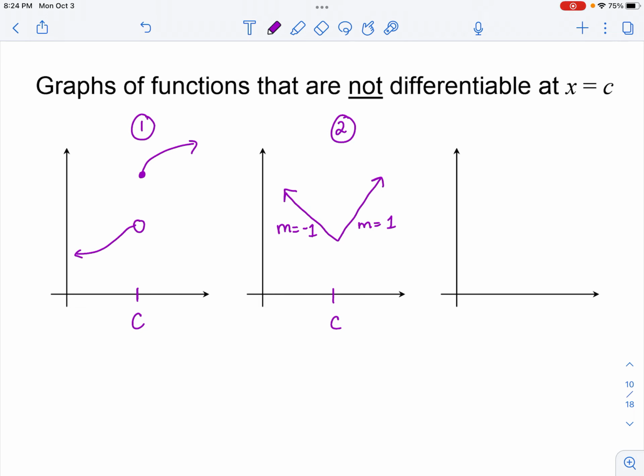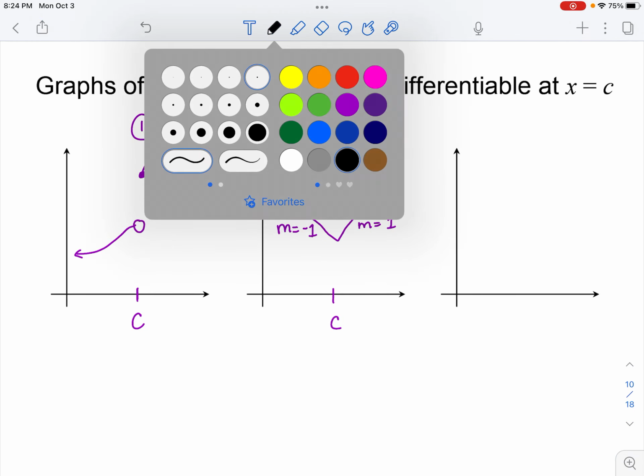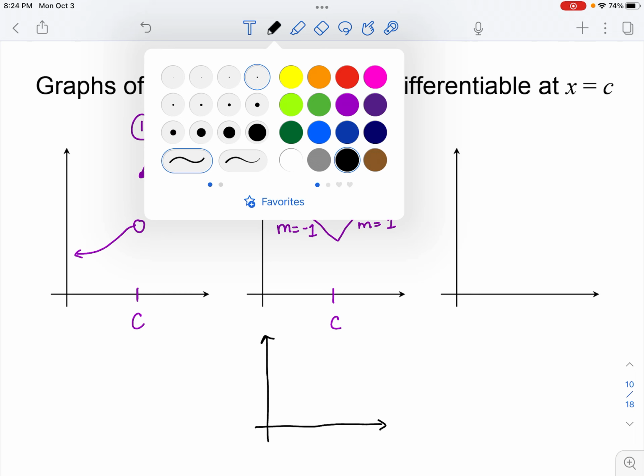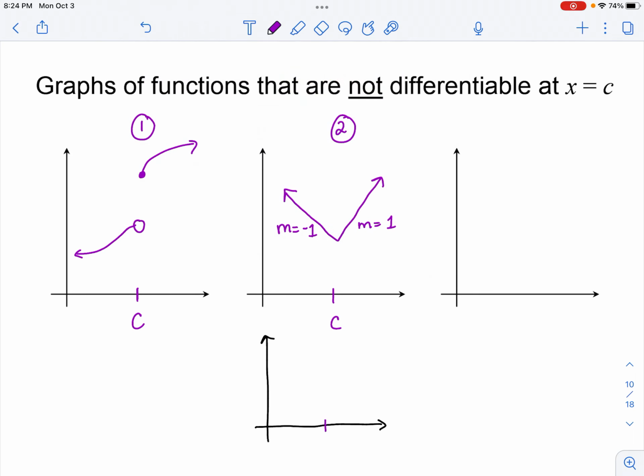Okay. Another example of that, let's add on one more picture. Sorry. Thought of one other common type that we see a lot in AP Calculus that you may or may not be familiar with already. Here's x equals c, okay? This is going to be y equals x minus c to the 2/3 power.